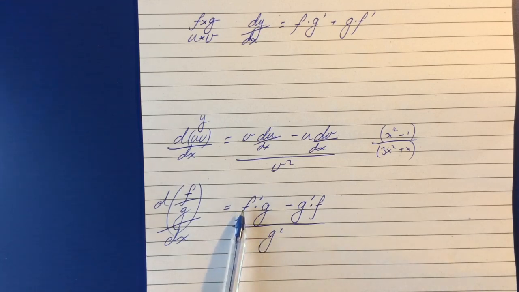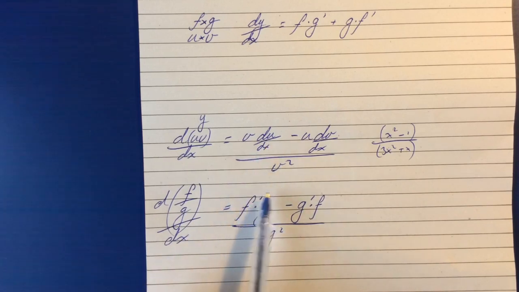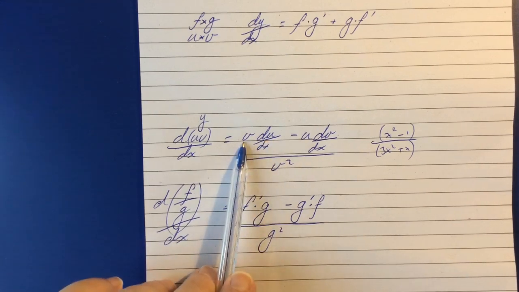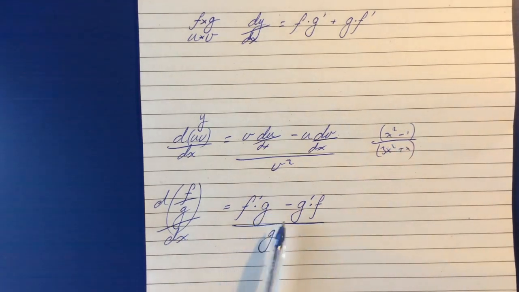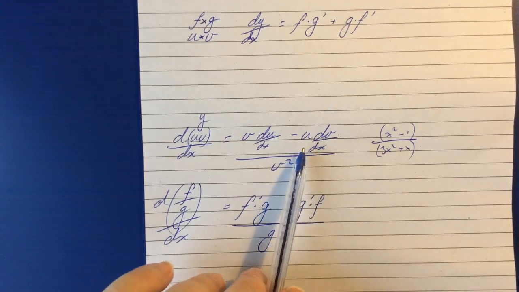So it's the differential of f times g. I've just put this in alphabetical order, but that's the differential of f there, the differential of u, and that's g, v. So that's f, that's g, minus g prime, the differential of g, times f.